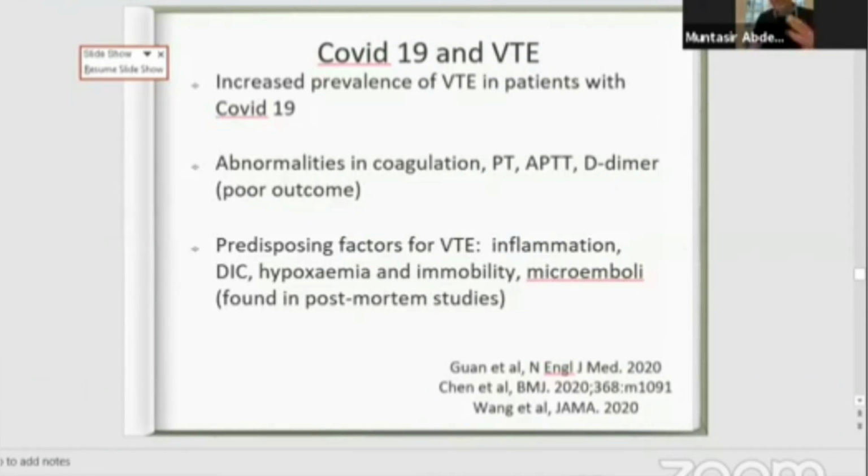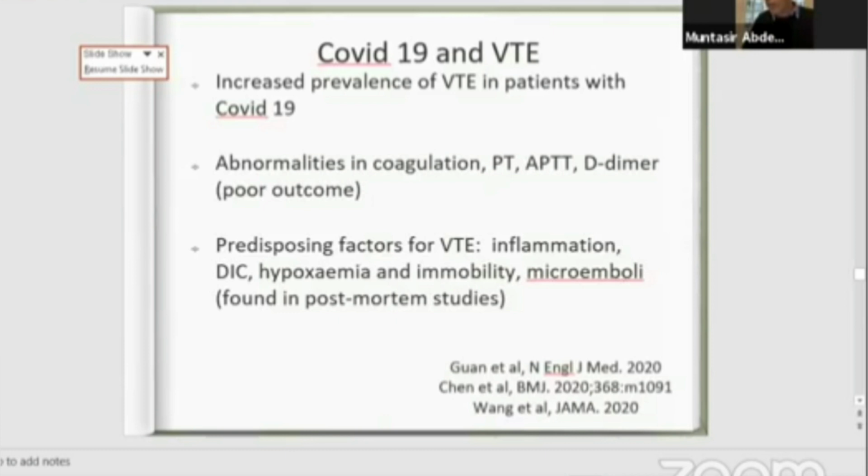They believe that there are many predisposing factors why we have PE in people with COVID-19. It could be the degree of inflammation, the DIC, disseminated intravascular coagulopathy, the hypoxemia, the immobility. And also, interestingly, in people who died with COVID-19, they did post-mortems and found they have microemboli, which you don't detect with CTPA, and hemorrhage. So still we need to learn a lot about COVID-19 and to understand COVID-19 more.